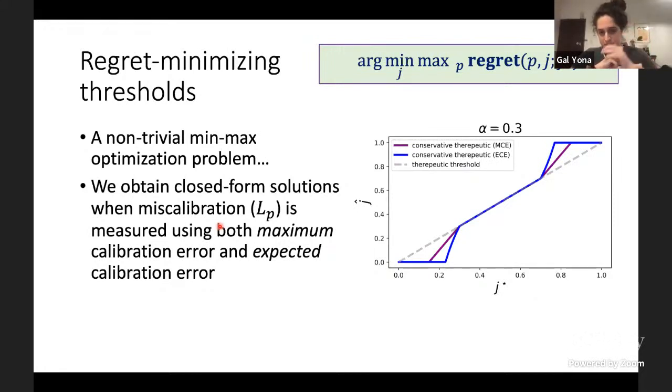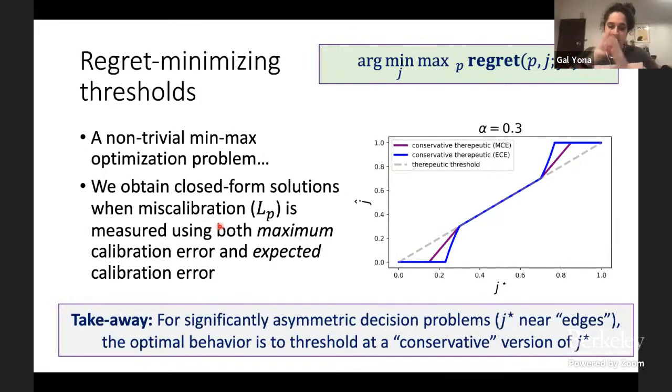And I've plotted here on the right how J differs from J star. So you can see that in the middle, for problems with an intermediate value of J star, J is exactly J star. But when you move towards the edges, J is in some sense a more conservative version of J star.